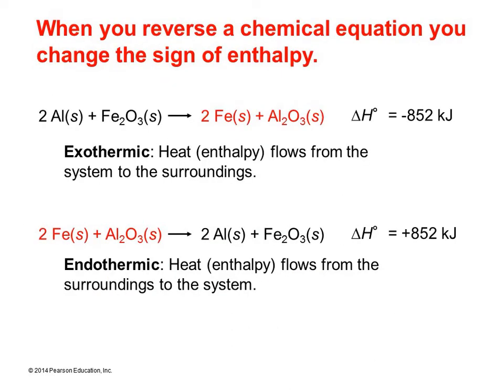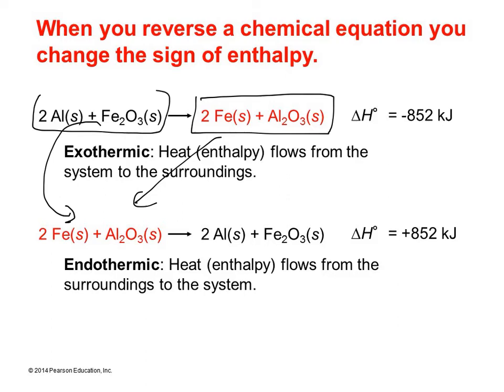Another great tool: when you reverse a chemical equation, you change the sign of the enthalpy change. For example, I have that reaction we were looking at last time, and it's an exothermic reaction. If we take this reaction and we reverse it, in other words, we run it backwards, my products are now my reactants, and my reactants are now my products.